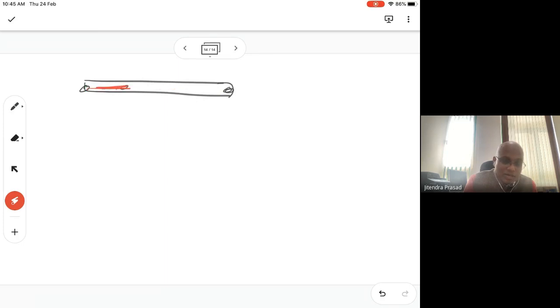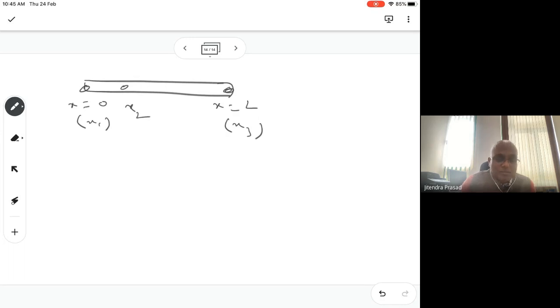So the middle node, this distance is not equal to this one. Then what happens? So how do you do it? So here you have x1 equal to some value. You can have x equal to 0 here, and here x equal to L, let us say, or you can say this is x1, this is x3, this is x2, like that.